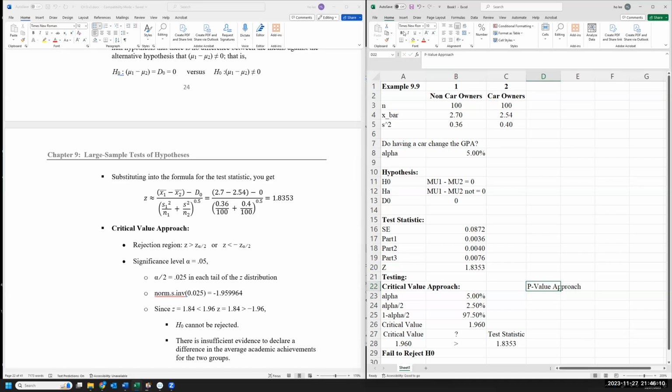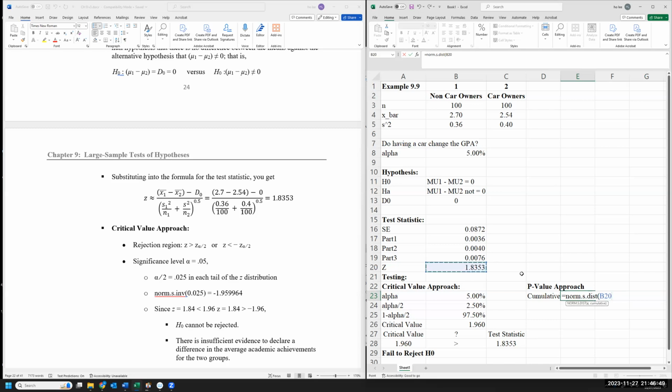And this is again a two-tailed test. So for the p-value approach, we have a test statistic of 1.8353. What we need to do is calculate the cumulative, which is equal to norm.s.dist, and we put this cutoff in.